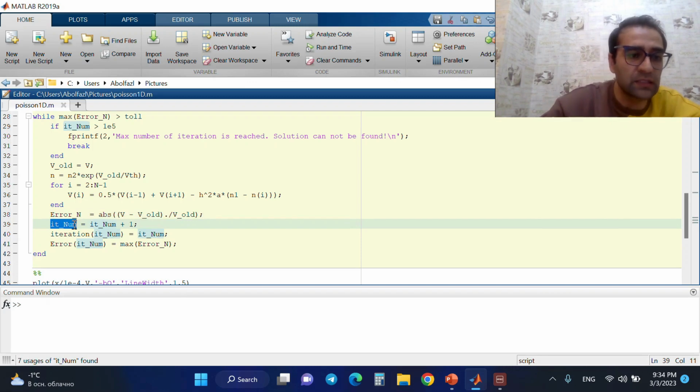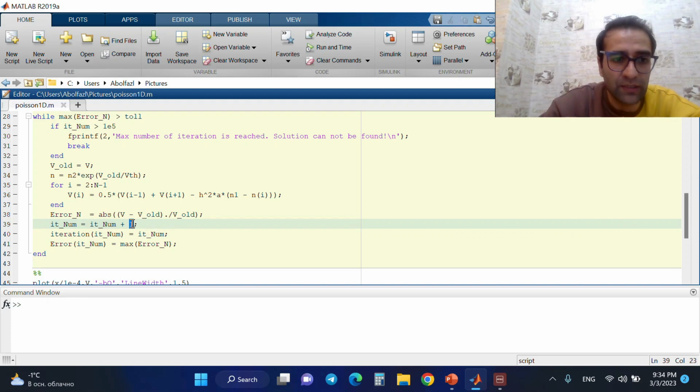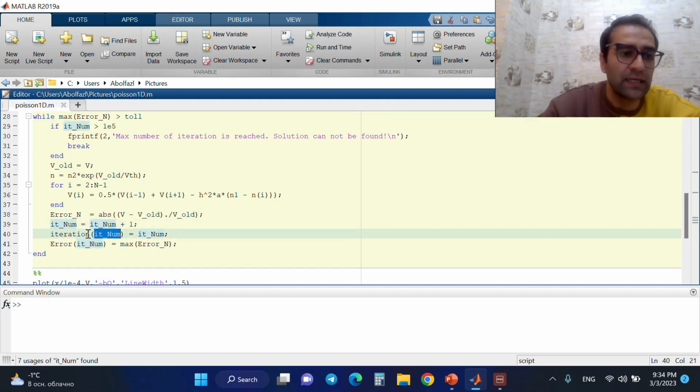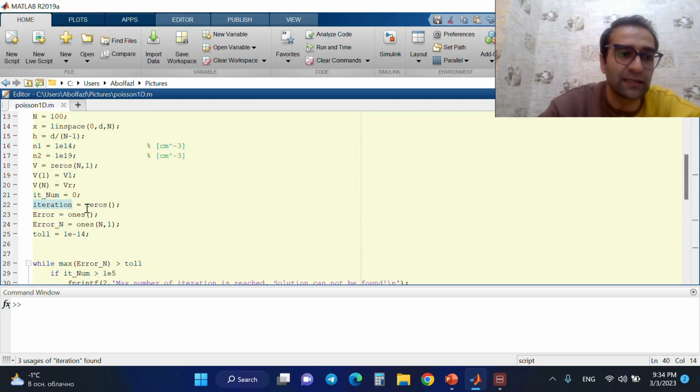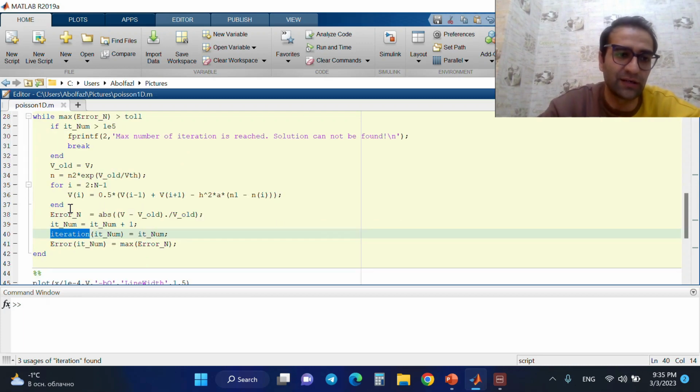Then when we have one iteration, I need to add 1 to the iteration number that was 0. I am increasing the iteration number by 1. What is next? Here I save this iteration number into this array that I defined, a non-specified dimension array, iteration here, right? And then what?